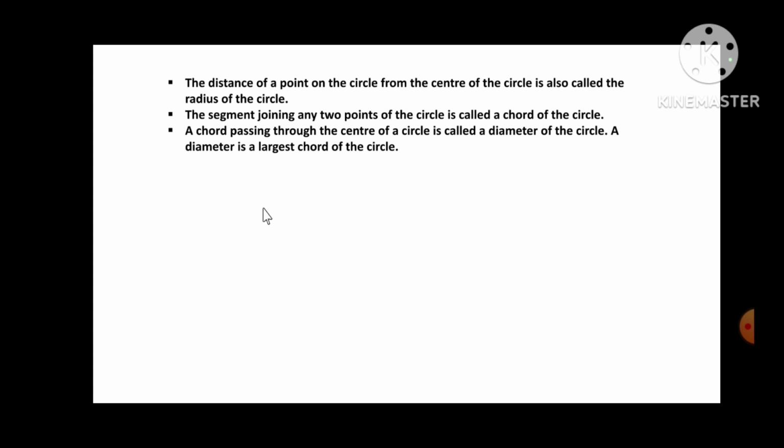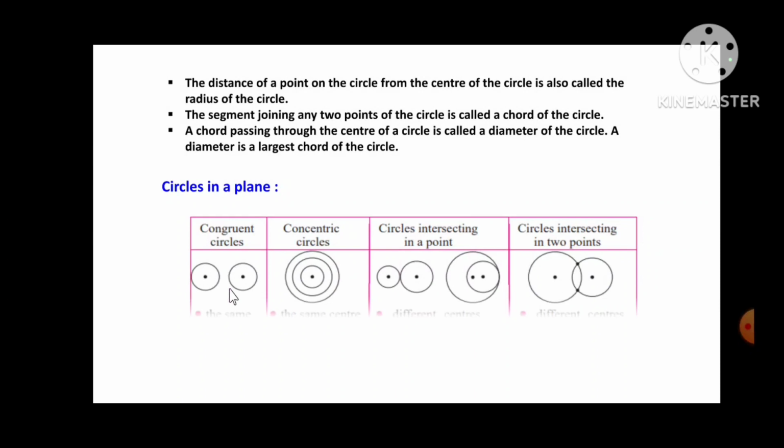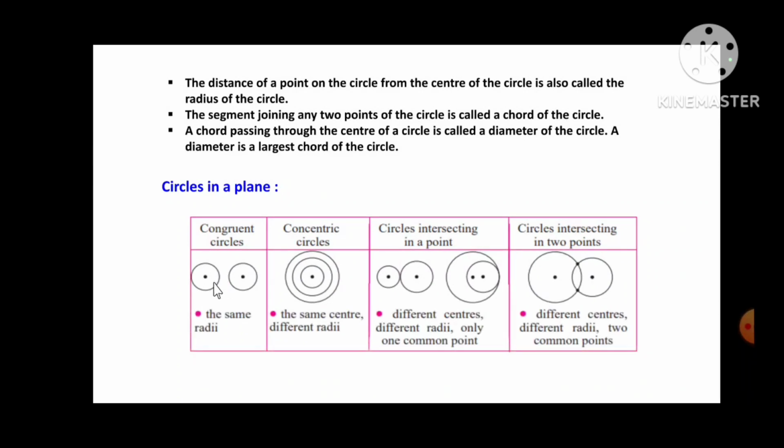Let us recall now, what are circles in a plane? Congruent circles: these are called congruent circles because the radii of these two circles are the same. Concentric circles: circles having the same center but different radii are called concentric circles. Here the circles have different centers and different radii, but only one common point.